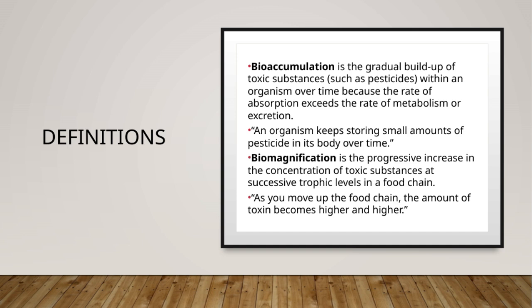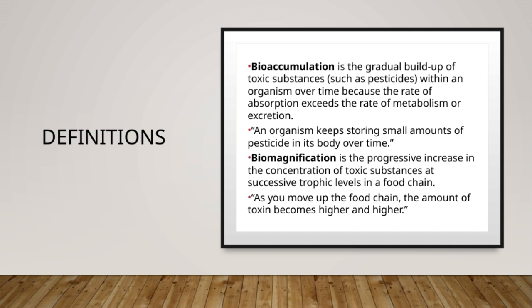Now, moving on to biomagnification. This is a related but distinct concept. It refers to the progressive increase in the concentration of these toxic substances as we move up through the different levels of a food chain. So, as a predator consumes prey that has accumulated pesticides, the toxin concentration becomes even higher in the predator's body.